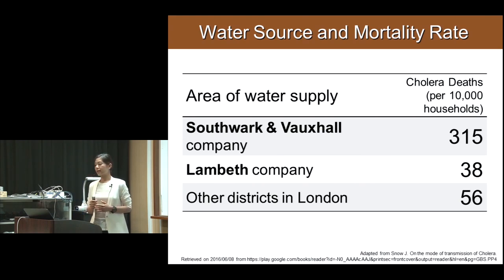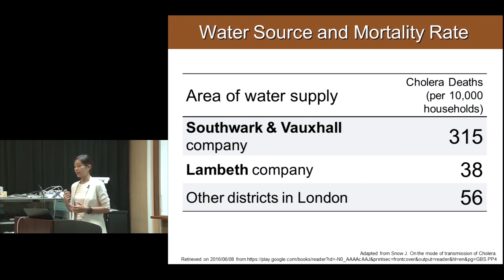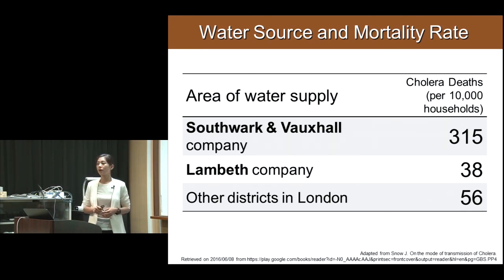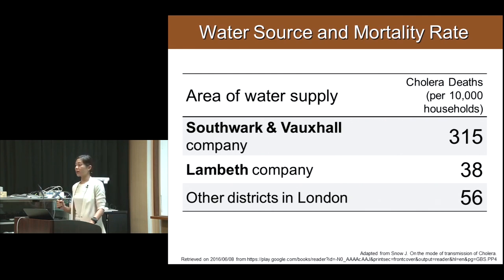In the second outbreak of cholera in London a few years later, he again confirmed his assumption that water was actually the mode of transmission of cholera. So initially, two water companies, the Southwark and Lambeth Company, used the same water source, and initially they had the same death rates among the consumers.